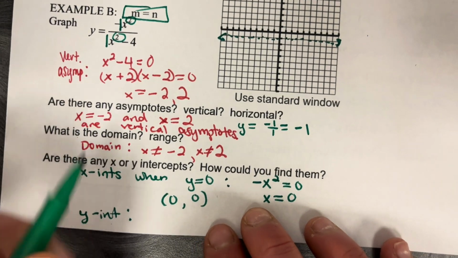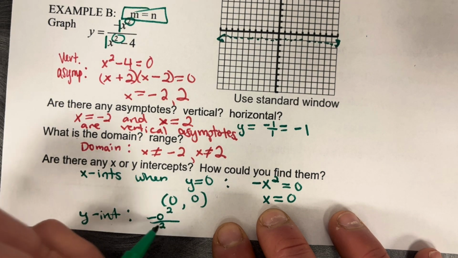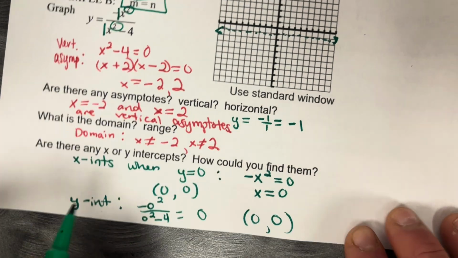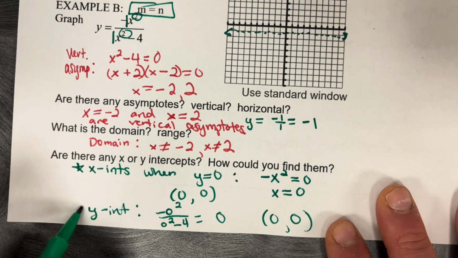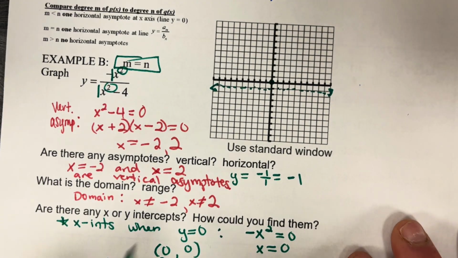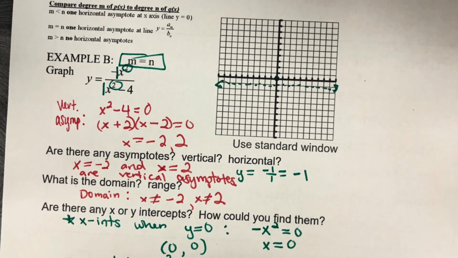If you were to plug in 0 for x, -0 squared over 0 squared minus 4 still gives us 0. So x and y-intercept are the same point. So far, we have a point at 0, 0. We know it's not going to reach -1. Let's get a few more points.